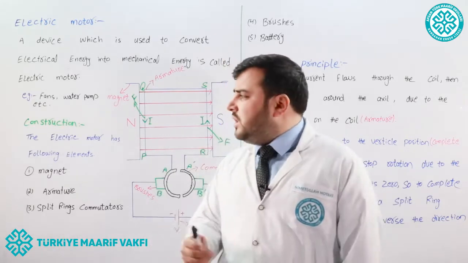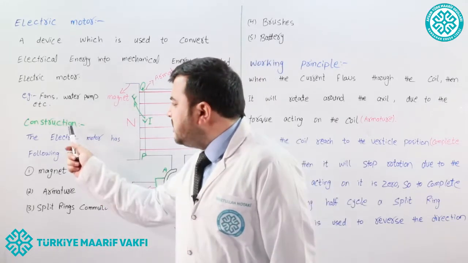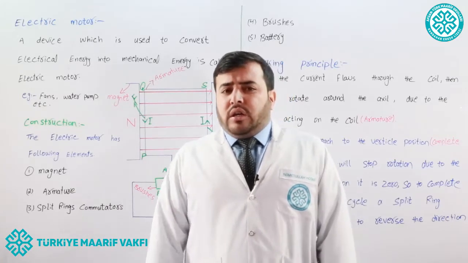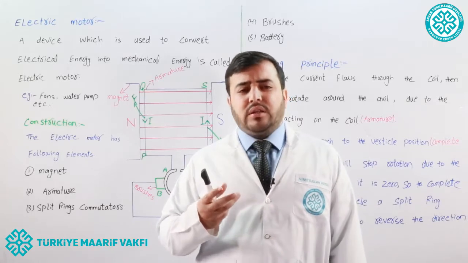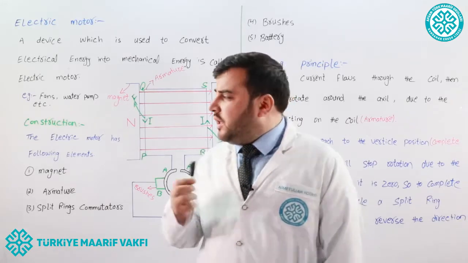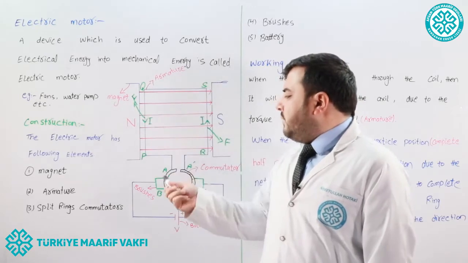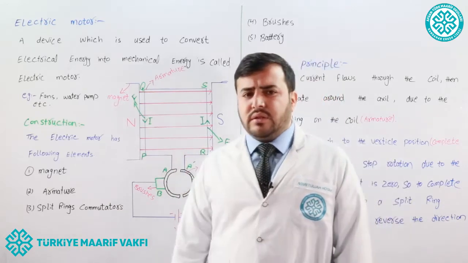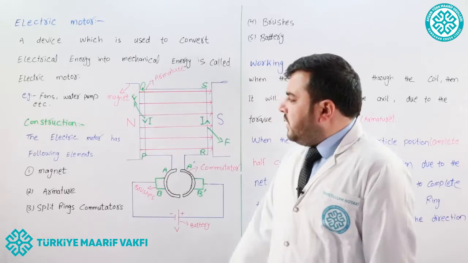Now we will come to the second part of our topic, that is the construction of the electric motor. An electric motor consists of the following elements. The figure or diagram of the electric motor is shown here. You can see it here.